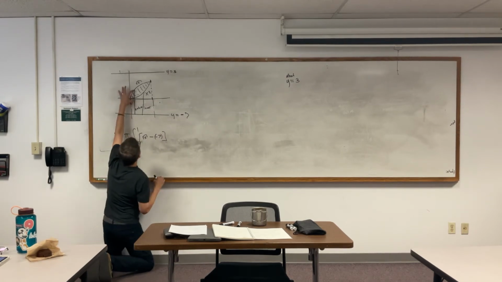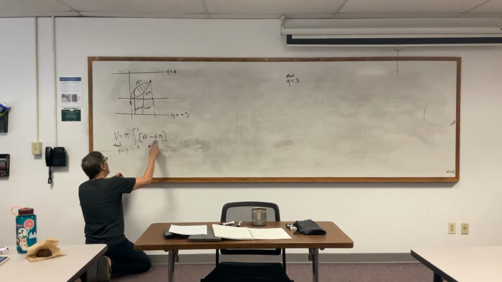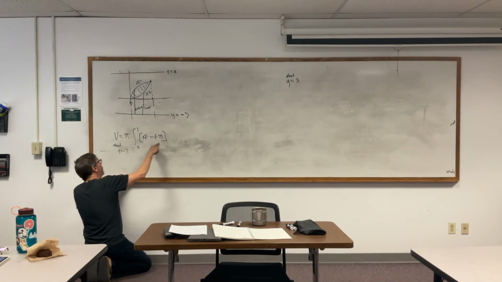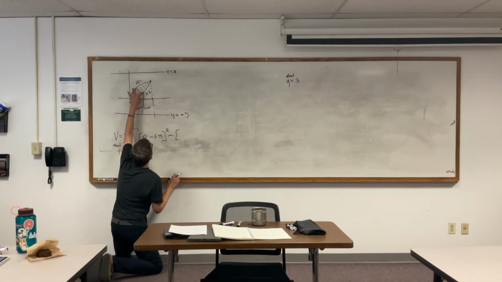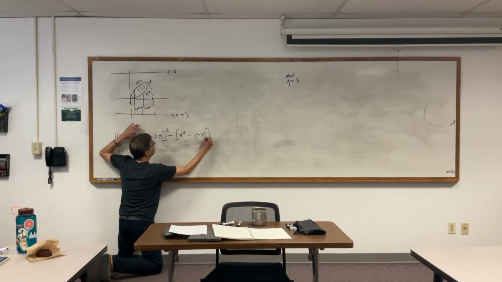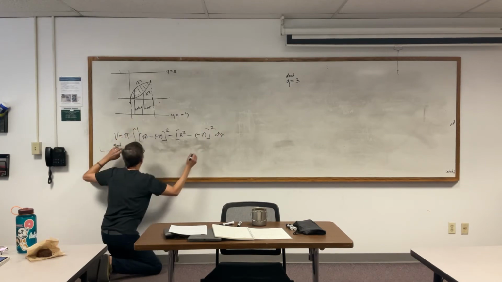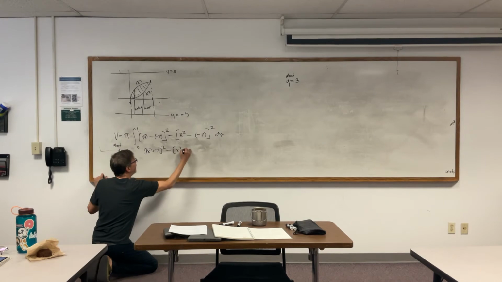In other words, it's this distance, square root of x, plus this distance, 7. But if you always think top minus bottom, you can't screw it up. And it takes care of the sign, squared, minus, now the inner, top is x squared, minus the bottom, negative 7 squared dx. So if you're simplifying, this is just square root of x plus 7 squared minus x squared plus 7 squared.